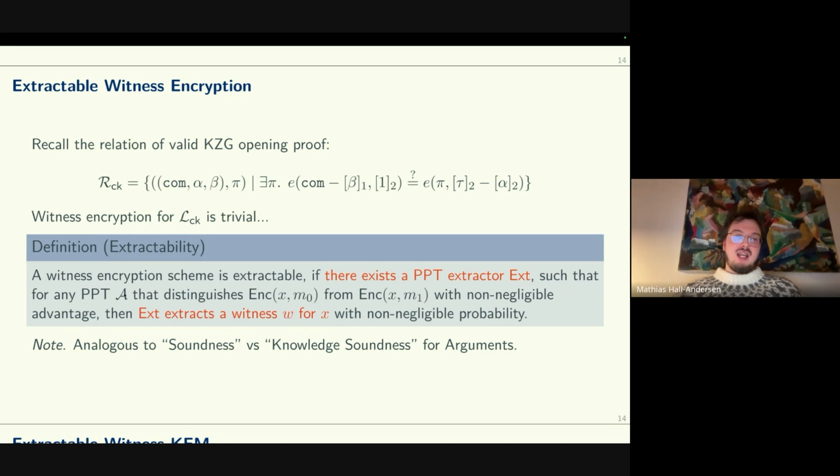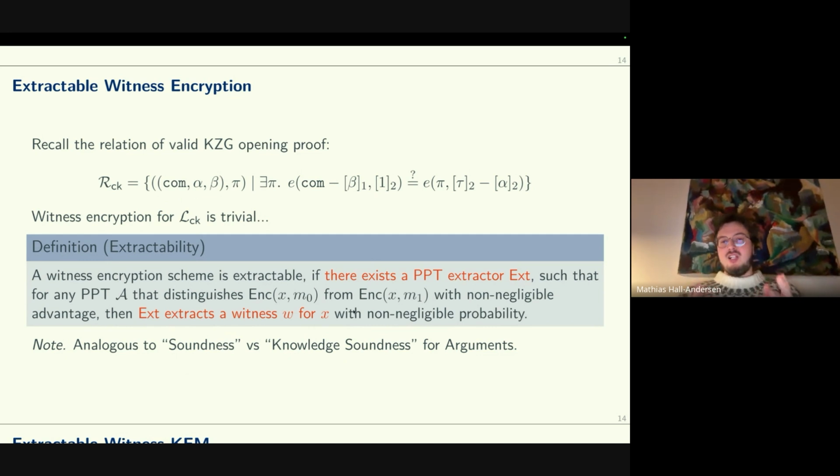If you want a bit of an analogy, it's very similar to the notion of soundness versus knowledge soundness, where soundness just guarantees that you can only be convinced of true statements, whereas knowledge soundness guarantees that the prover or the environment intuitively knows a witness.